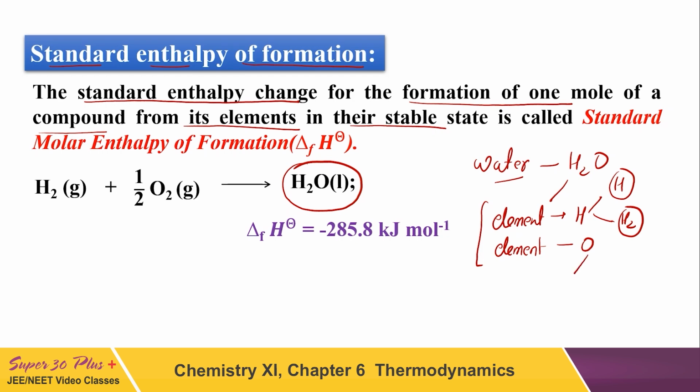Similarly, oxygen could be found as nascent oxygen, molecular oxygen or ozone. Out of the forms of hydrogen, the more stable form is H2. And out of these three forms of oxygen, the most stable form is O2.